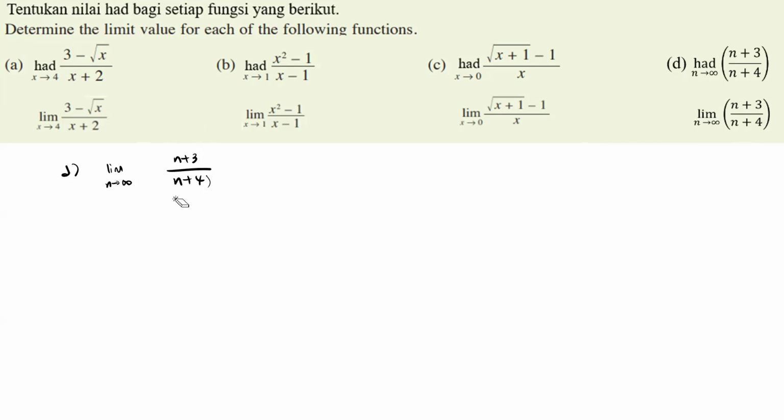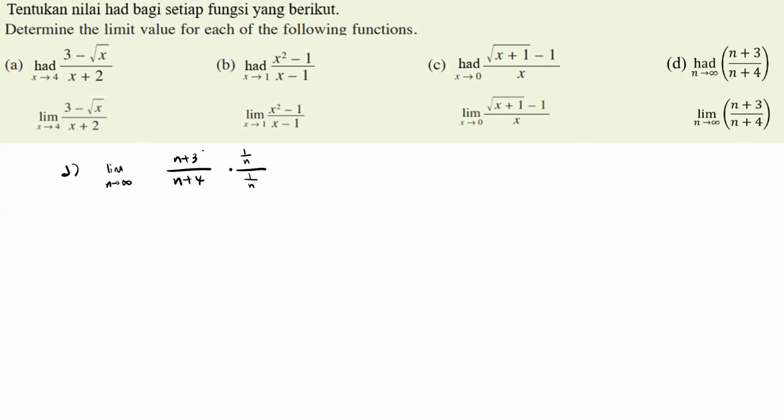But then how? We want to apply the 1 over n concept. So up there we multiply with 1 over n, and at the bottom we also multiply with 1 over n. So for the third form we multiply the conjugate up and down, and for infinity we shall multiply with 1 over n.